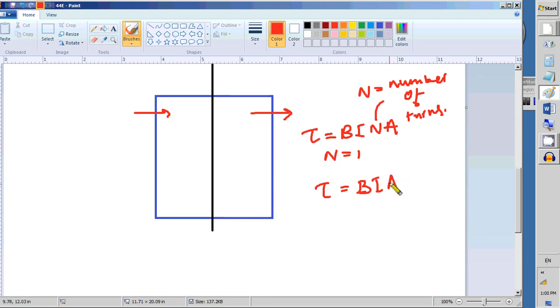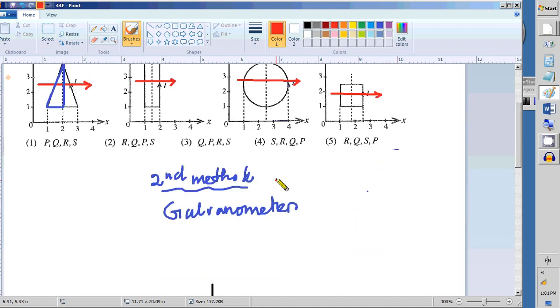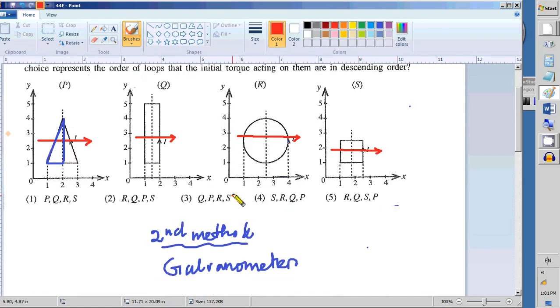N equals 1. So the same way, B constant, I constant, tau is proportional to A. So we have to check only area. So the same way as we previously did, we can find out the maximum area and the minimum area and select this answer as the correct one.